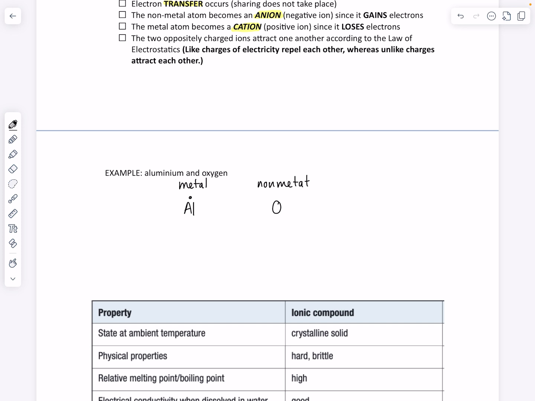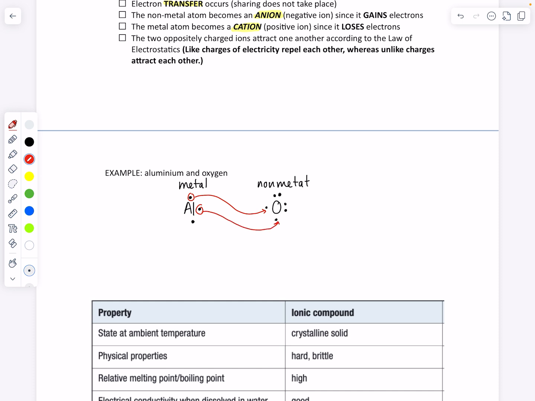Aluminum has 3 valence electrons, and oxygen has 6. Oxygen would like nothing more than to gain 2 additional electrons to fulfill the octet rule. So the way this happens is aluminum will give up its electrons to oxygen.